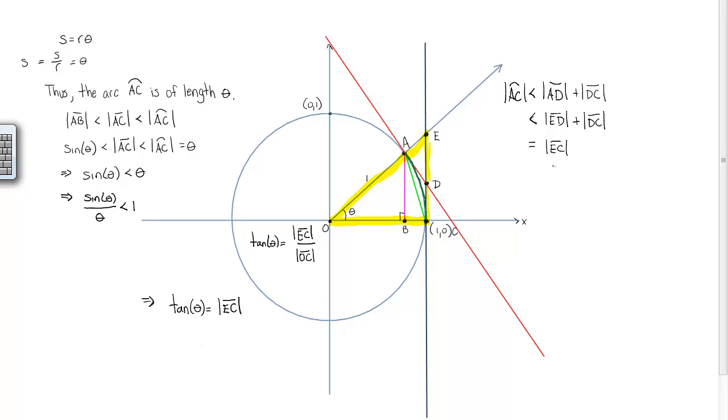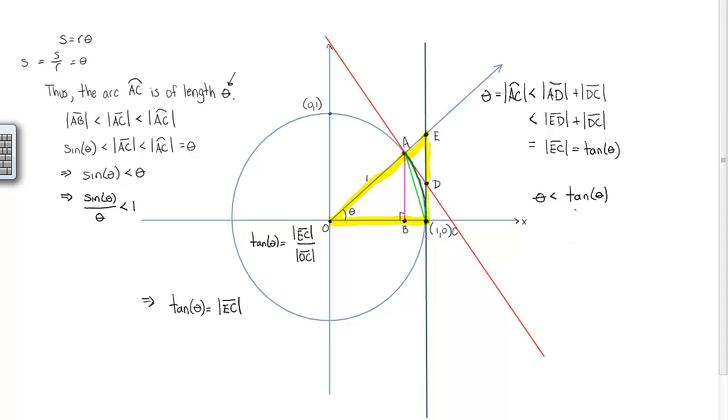Alright, so now I have something to substitute in for that E to C. We already know the arc length from A to C is theta, so let's go ahead and write this in. Remember, this is theta, and we just showed that this is tangent of theta. So what does that mean? It means that theta must be smaller than the tangent of theta.